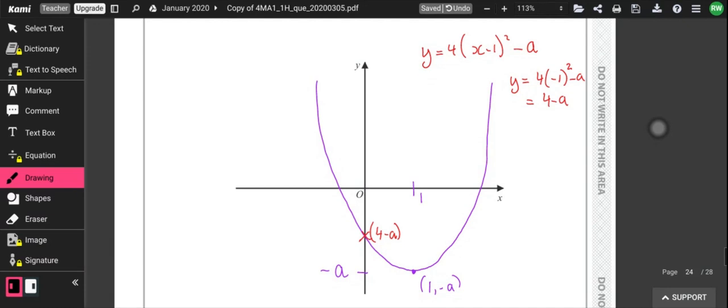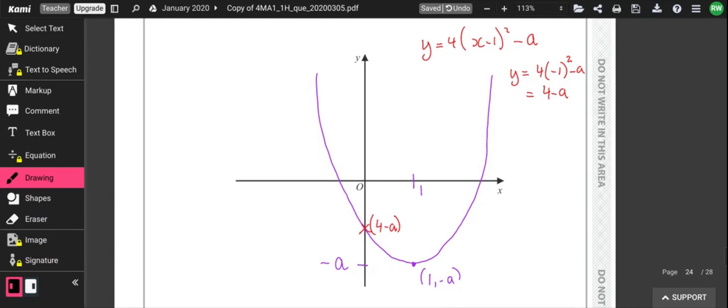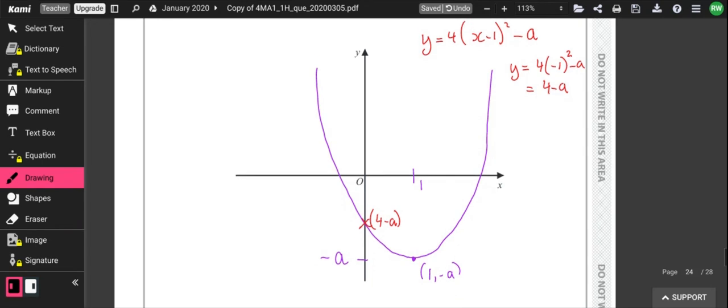And then we solve this equation by putting y equals 0. That will give us the 2 x coordinates. So we're going to do 0 for y is equal to 4 x minus 1 squared minus a. We're going to add a to both sides and divide by 4. That will give us x minus 1 squared.